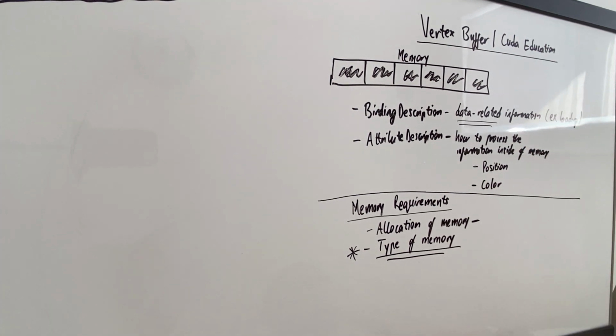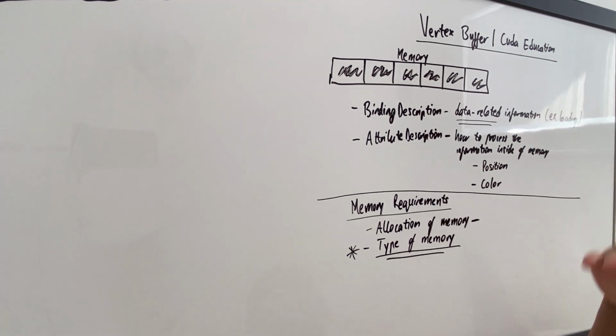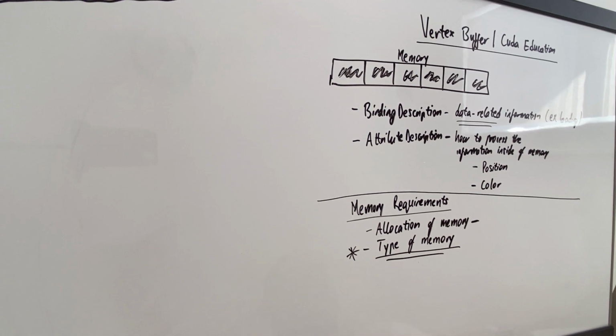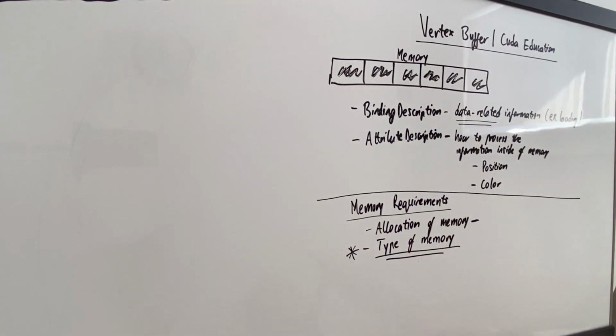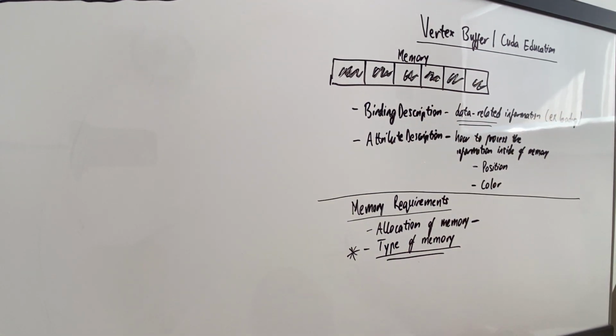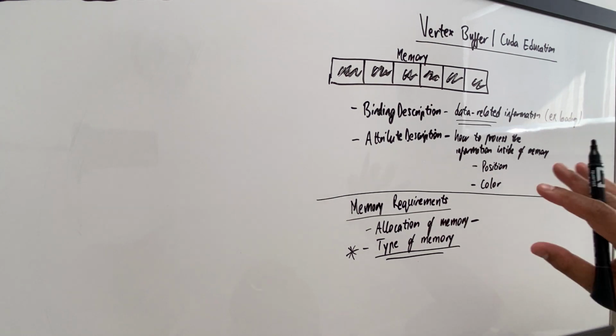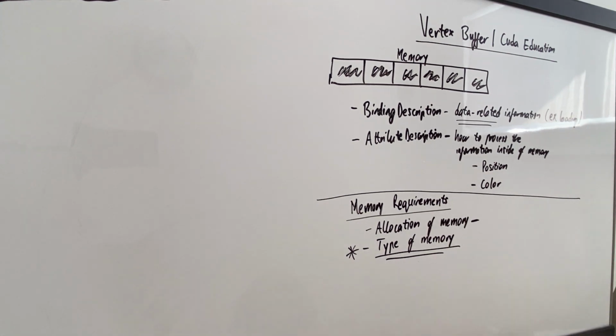Okay, and the reason is that for this vertex buffer algorithm where we generate the triangle via the vertex buffer, for the first time that we do it with tutorial number 11, the data that we declare inside of our vertex buffer is actually inputted on the CPU memory.